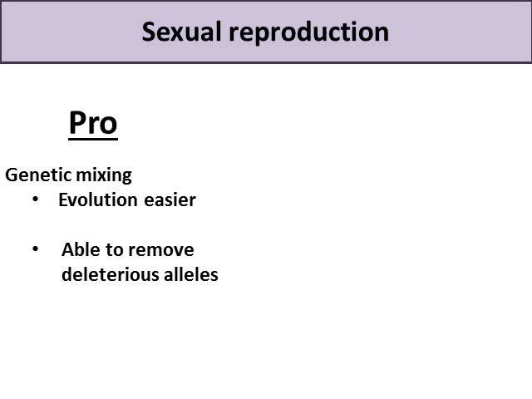So the advantage, and this is a huge advantage, is genetic mixing. So evolution is much easier. You're able to remove deleterious alleles, and what that means is that if, say, there's an allele that causes a disease, and if it causes it pre-reproduction, you can get that allele out of the population very quickly. Also, sexual reproduction often arises in lineages basically to escape from parasites.